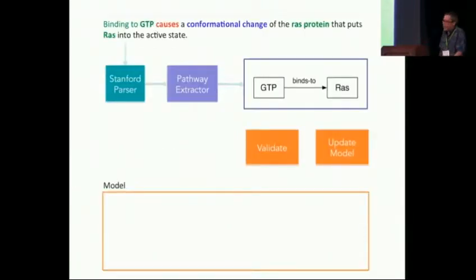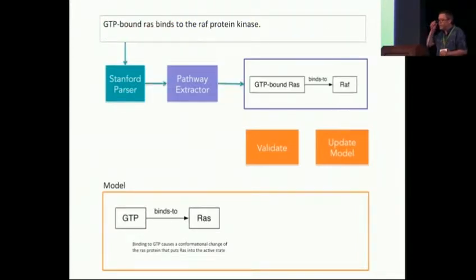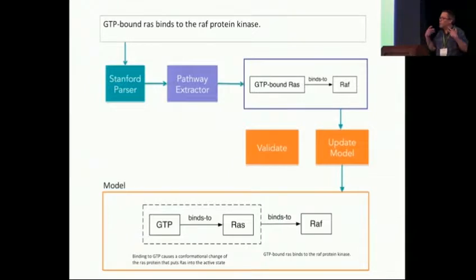We'll run it through the Stanford parser and a pathway extractor, and we can see that GTP binds to RAS, and we can add that to our data model, and then we can go on to the next sentence and see GTP-bound RAS binds to the RAF protein, and we can add that to our model. And we can build up these models of subject, predicate, object, and build that up into a data model that can be used by inferencing systems.